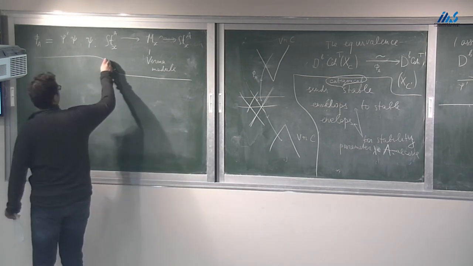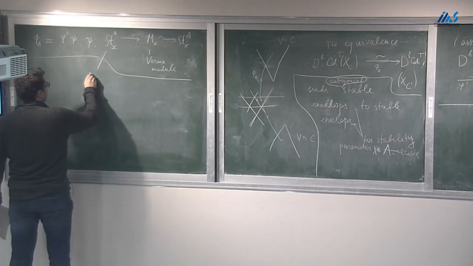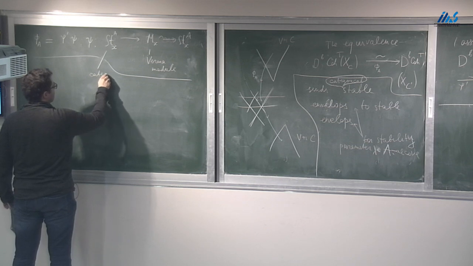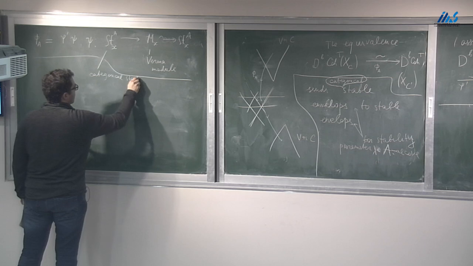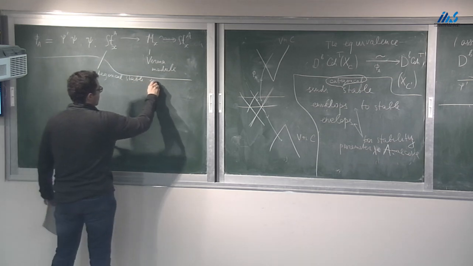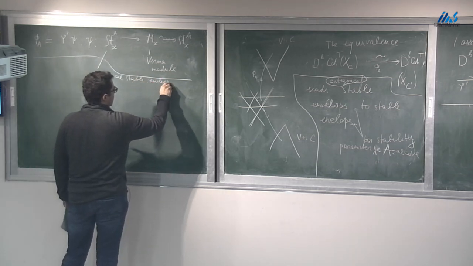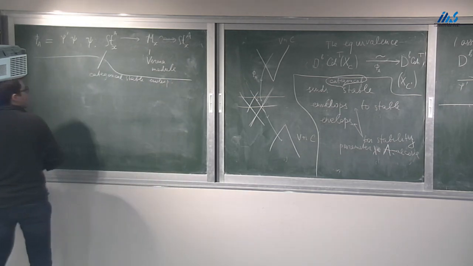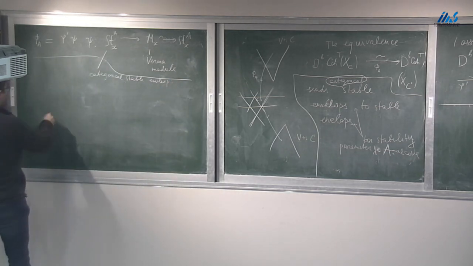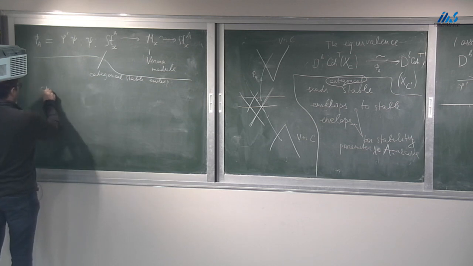Maybe just one word. So again, these are the categorical stable envelopes. And just to say something about their definition, and so it's characterized.